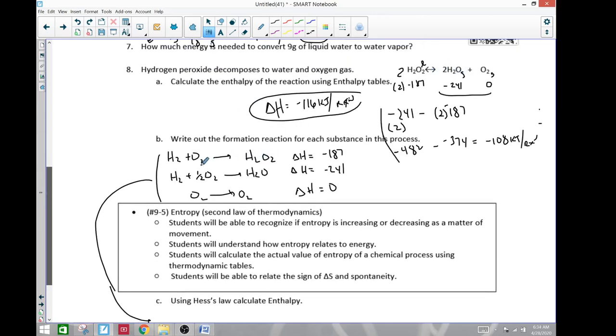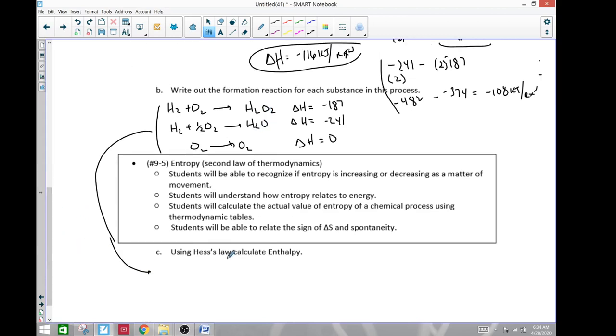So I want this to get flipped because I want this to be a reactant. And then the two are good as far as products are concerned. I'm not even going to use the last one. So I'm going to flip this to being H2O2 yields H2 plus O2. And this is going to be a positive 187.